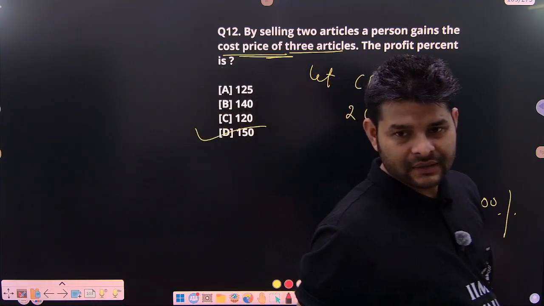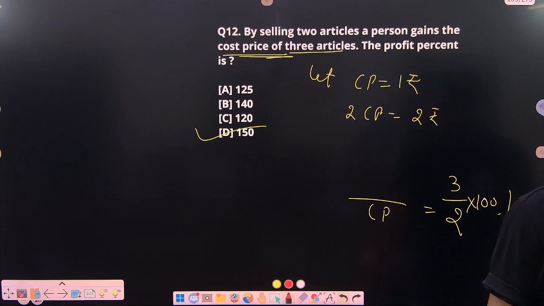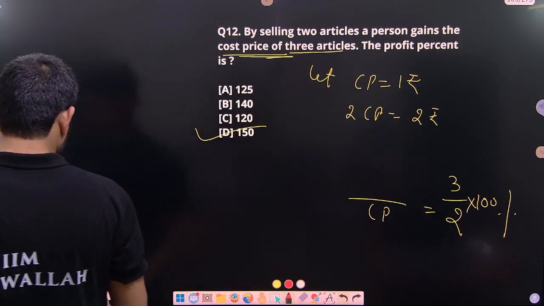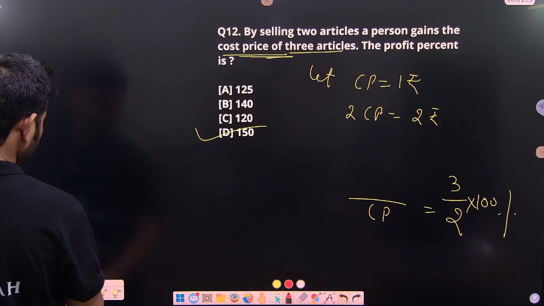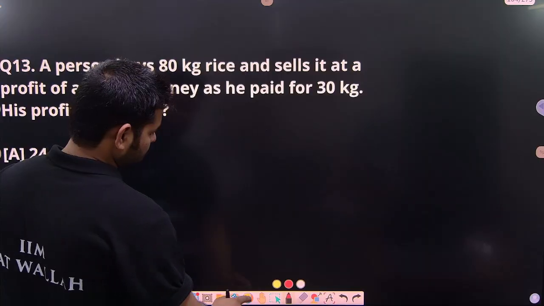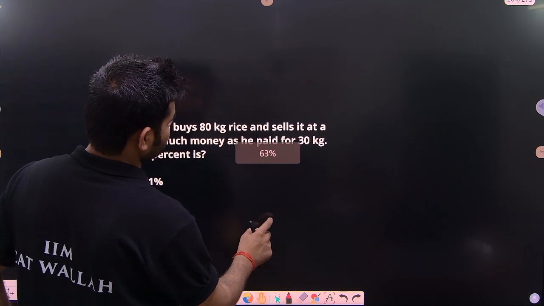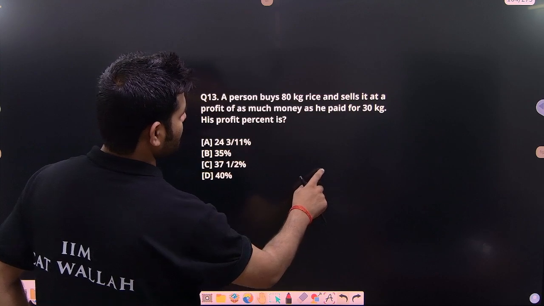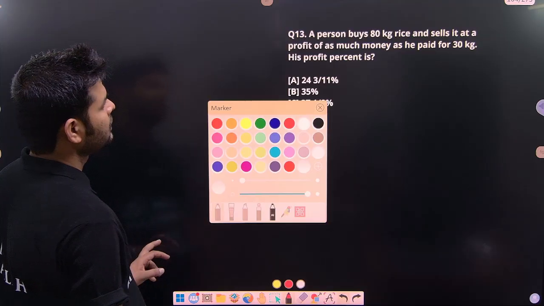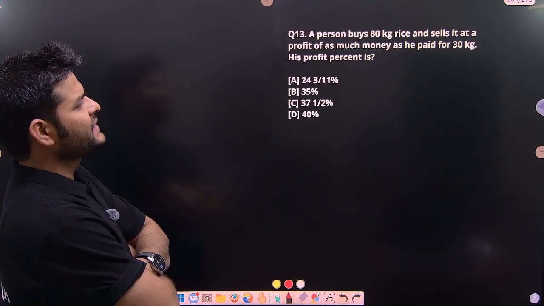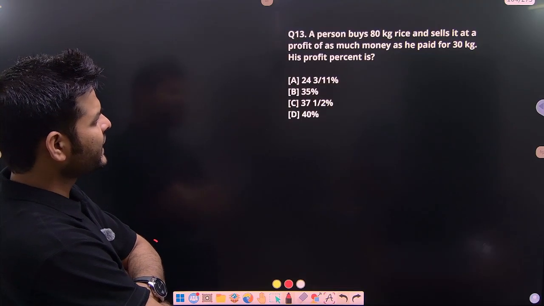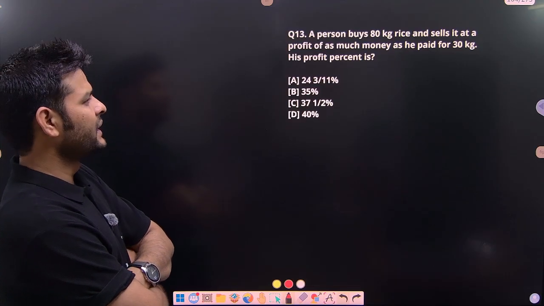Now, is the answer coming correct? Are you getting the concept? The next one that you want to ask, 13 of the same type. Question 13 says, a person buys 80 kg rice and sells it at a profit of as much money as he paid for 30 kg.